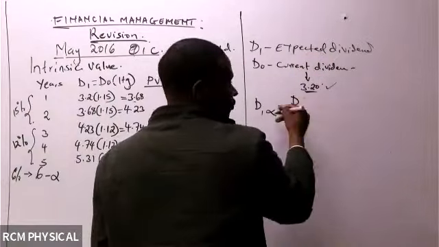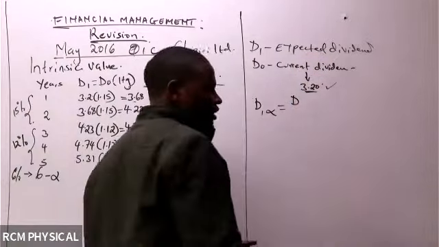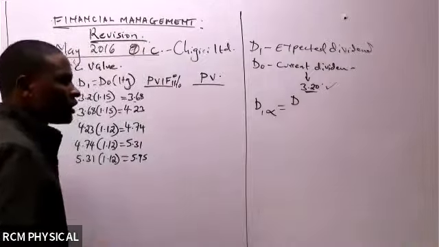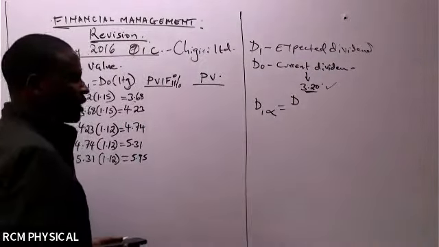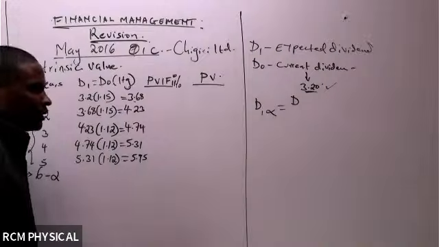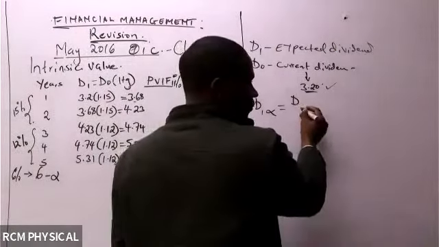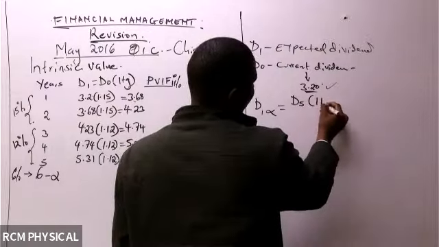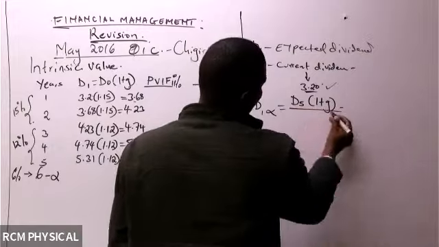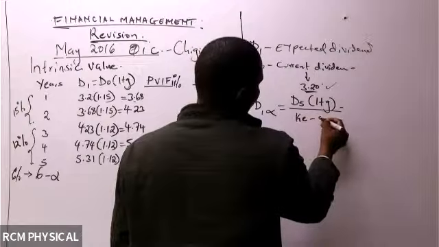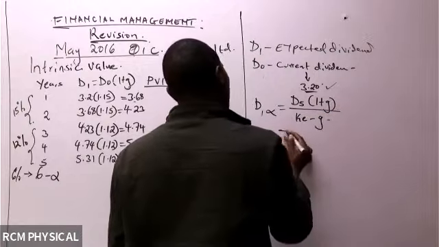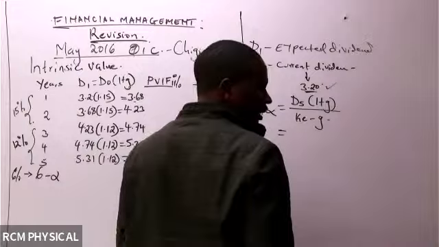In this case, which is our previous year? D naught for our previous year is year 5, right? You grow that by G, then you divide by what? Ke minus what? Minus G. That will be our D for that.